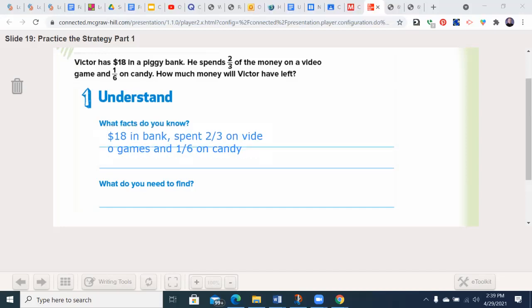What do I need to find? How much he'll have left. Go ahead and write this all down. All right, I'll go ahead and clear the drawing.